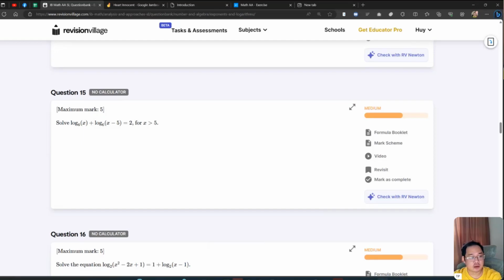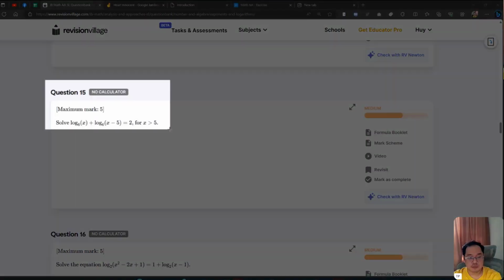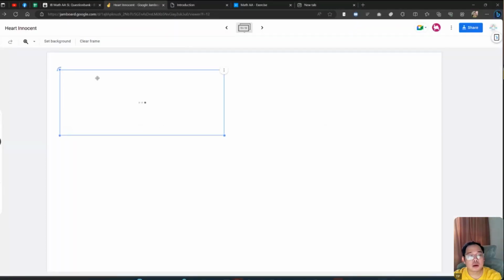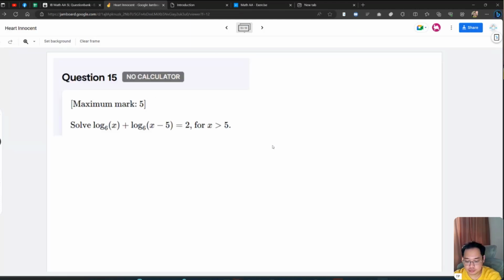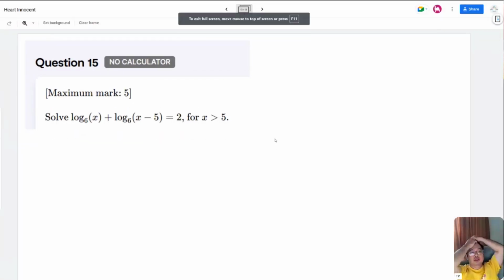15. X greater than 5, no calculator again. Log base 6 of x plus log base 6 of x minus 5. So basically, we just need to combine the two terms. Log equal to log of x times x minus 5.